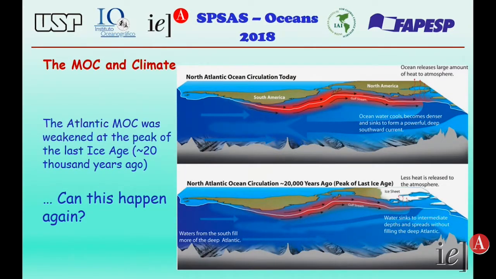And what happened 2,000 years ago, 20,000 years ago? An ice age. So they don't say who was born first, the egg or the chicken. They said, well, there was a weakening of the Thermohaline circulation at the same time that there was an ice age in the north or on Earth.